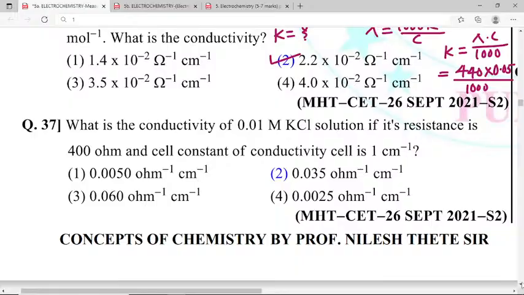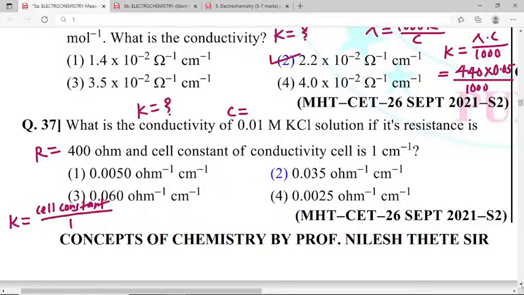What is the conductivity? The concentration is given. Its resistance is also given, 100 ohm, and the cell constant of the conductivity cell is also given. So what is the conductivity? Conductivity K we have to calculate here. What is the formula? Conductivity is equal to cell constant divided by resistance.